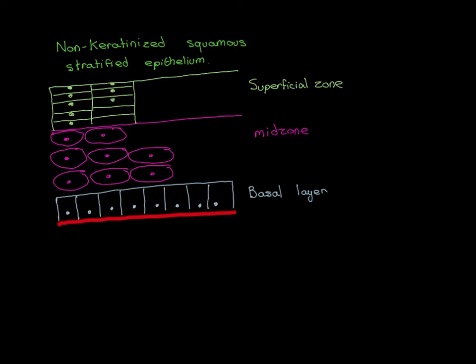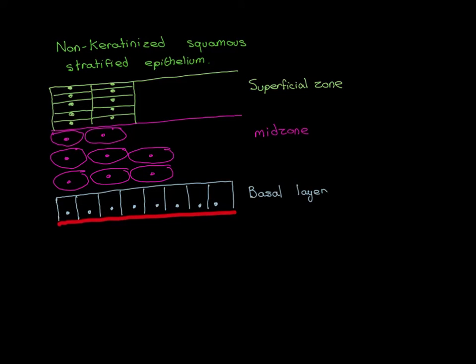And overall, the non-keratinized squamous stratified epithelium is estimated to have 20 layers of cells in total. A lot of them will be in the midzone there. So the superficial zone, in my picture, maybe it's a little bit of an underestimate to just have 6 layers, but we didn't have too many more, maybe 7, 8, 9 layers of cells, etc.